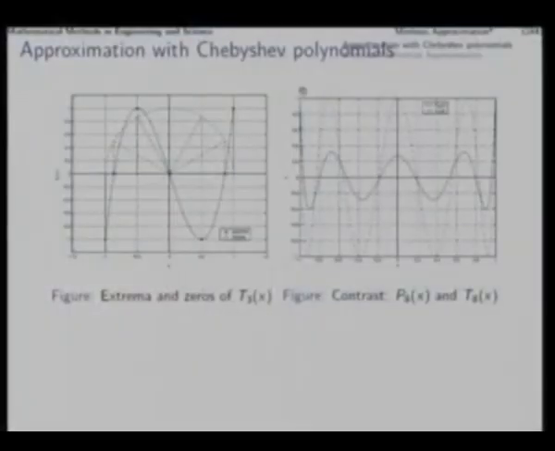So, this is the graph of the P8 Legendre polynomial, and this is the graph of the Chebyshev polynomial. You can see that the Chebyshev polynomial has this equal ripple property, that is equal amplitude oscillations. So, from here it goes all the way down.